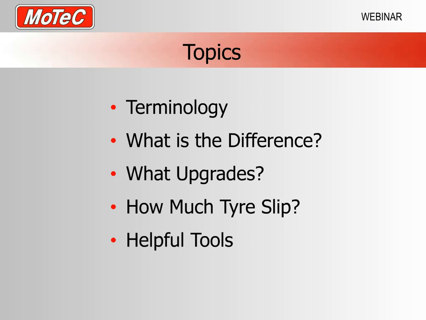Also an idea of how much tyre slip we are looking for, just a bit of information based on some data logging, so you've got a bit of a visual picture of what we are actually trying to achieve with these functions. And then a couple of ideas on some helpful tools, which I would expect is not necessarily essential for the job, but definitely a very big help.